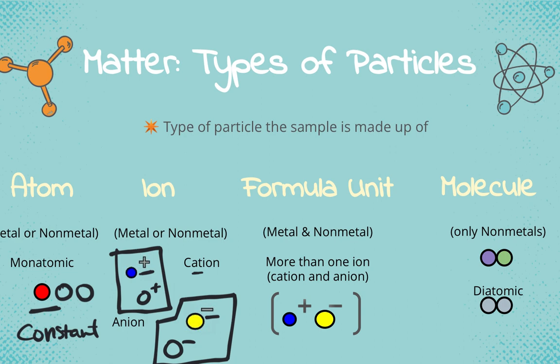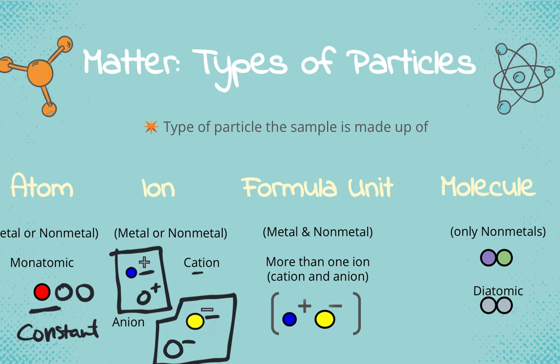When we get to a formula unit, this is when you have a cation and an anion that attract to one another. The attraction there is called the Coulombic force. It is okay if you don't know that force and you don't need to memorize it yet.